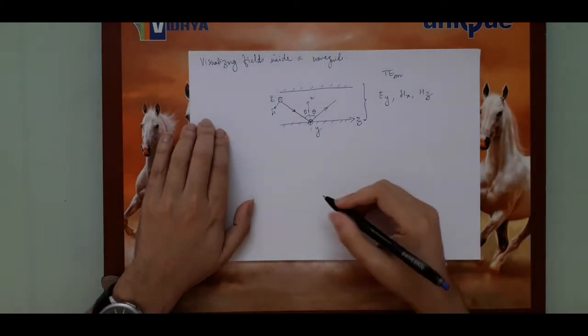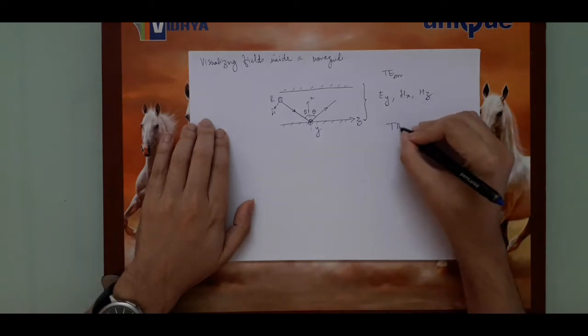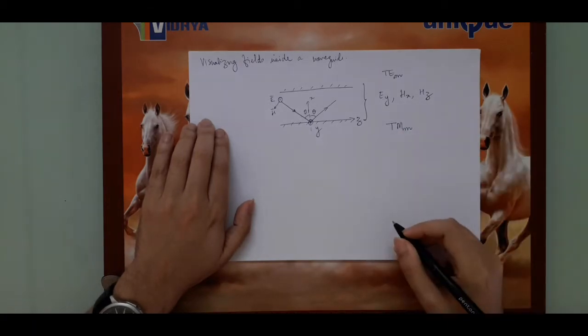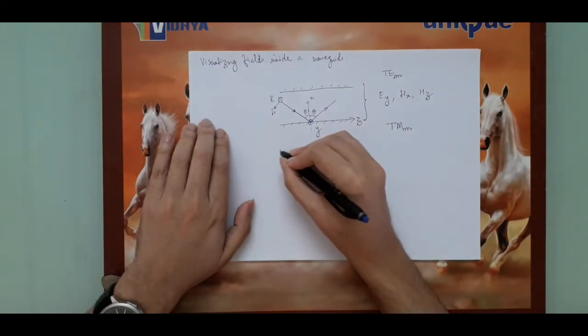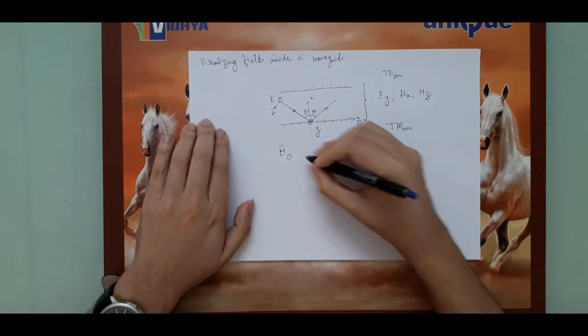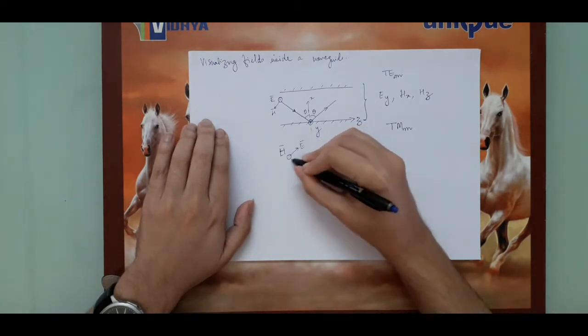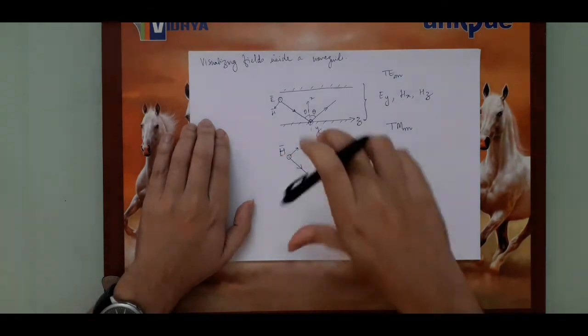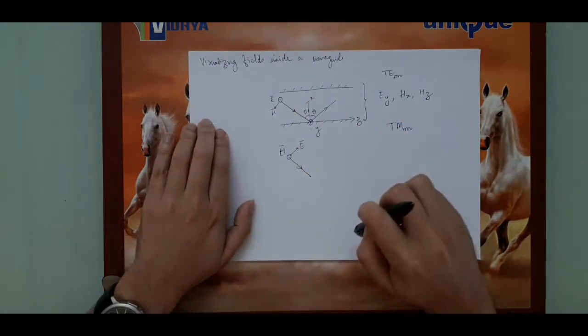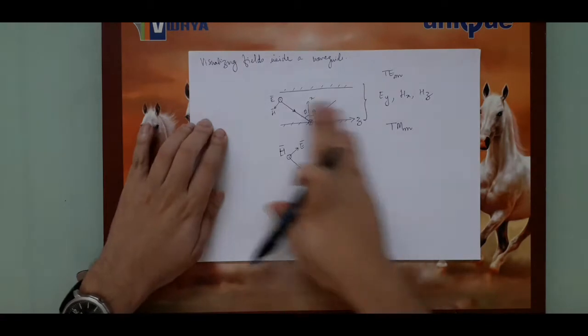This we can say. Likewise, if the propagation is transverse magnetic, in that case what would happen is that this would be the H field and the electric field would look like this and the incidence would be something like this. So the H now would be along the y direction and the E would lie on the xz plane.